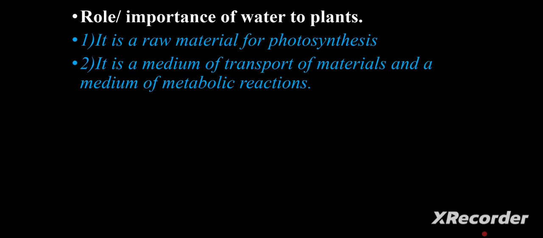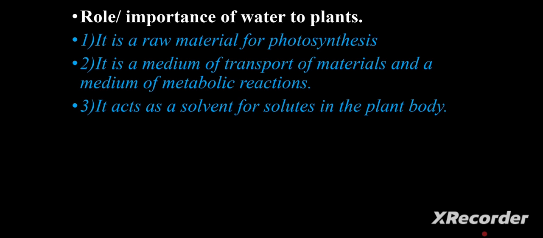Number 3, water acts as a solvent of many solutes in the plant body, such as manufactured food and waste products that are converted into non-toxic forms. They are also stored, with water as the solvent.